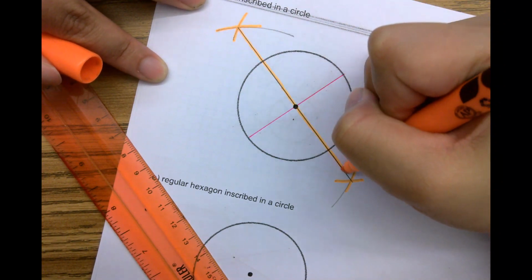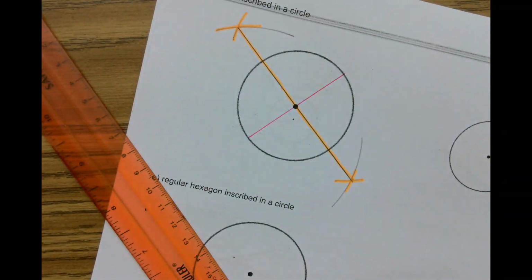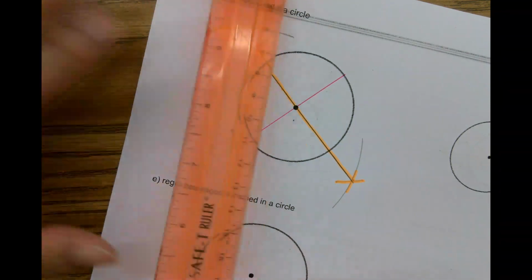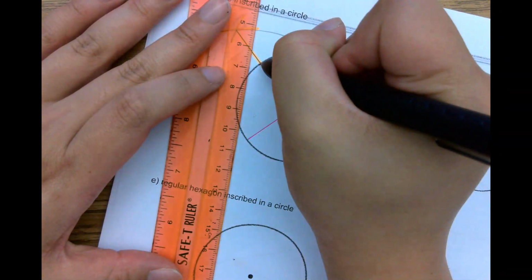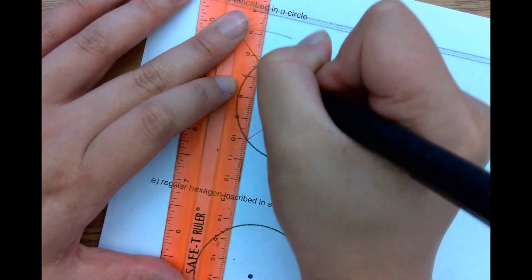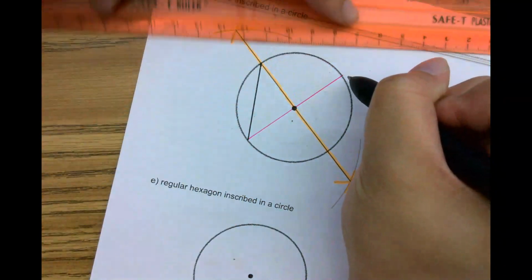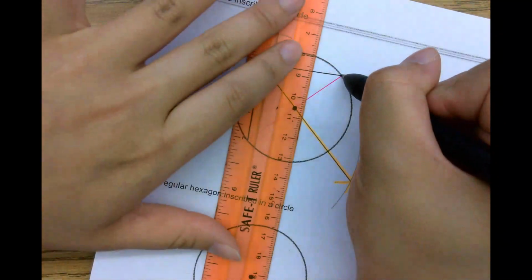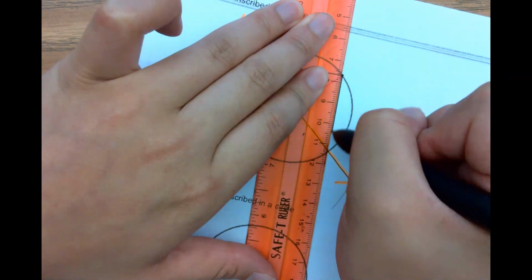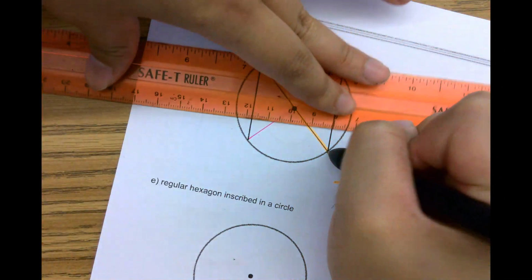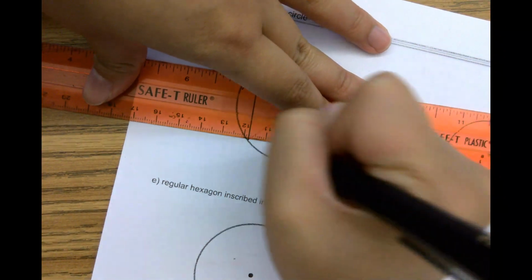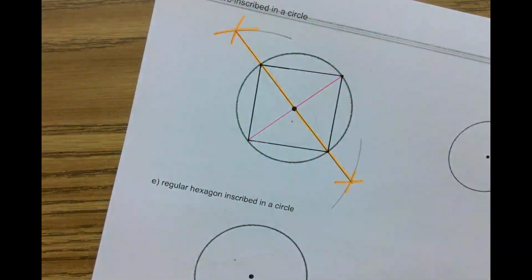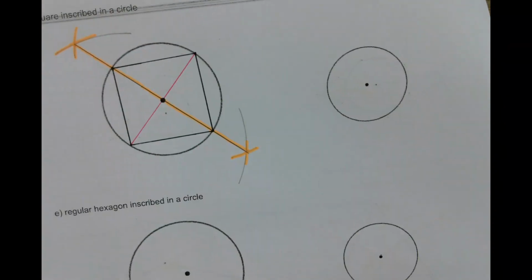Please make sure you use a ruler. Some of you guys didn't use a ruler, so it doesn't look good. And then all I have to do is connect where each of these touch the circle. They should look like 90-degree angles, because it's a square, and all side lengths should be the same. And there, my square looks good.